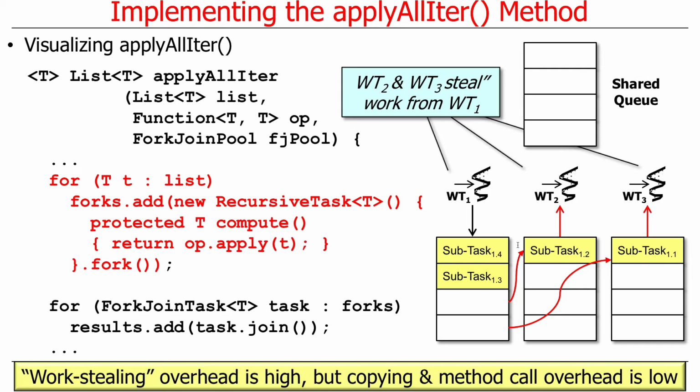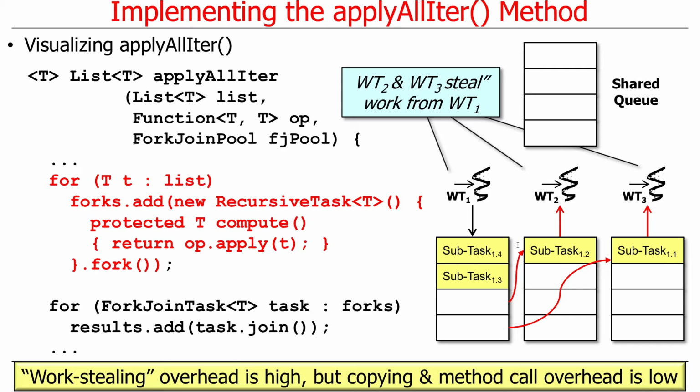So in this particular case, they're going to steal the subtasks from the end of worker thread 1's deck, and then they're going to go ahead and process those calls, those subtasks. So this is how the work gets dispersed to run in parallel with the other threads in the pool. And of course, on a multi-core machine, these threads will be mapped to the different cores.